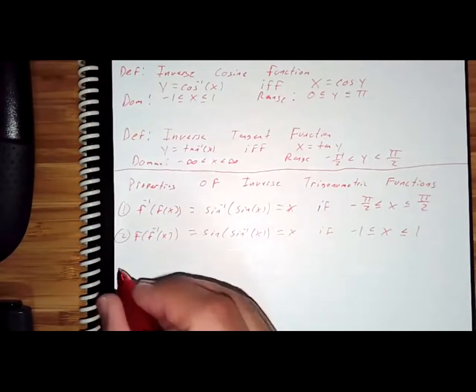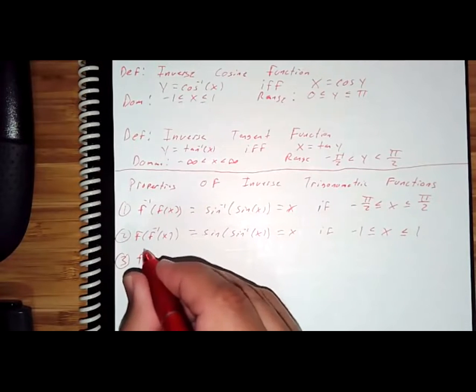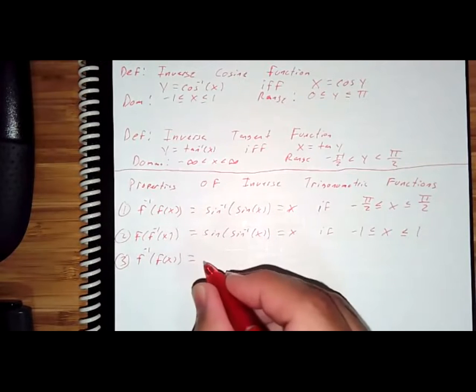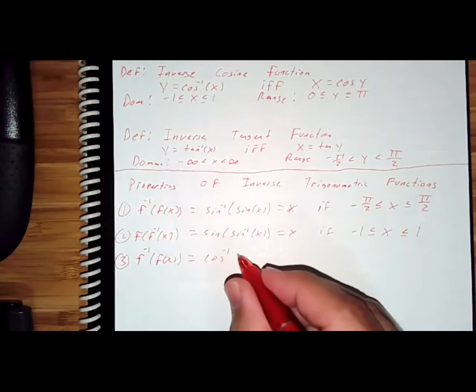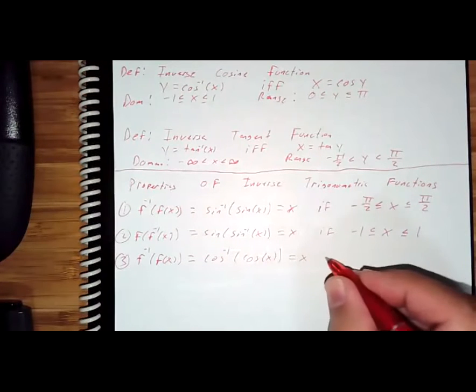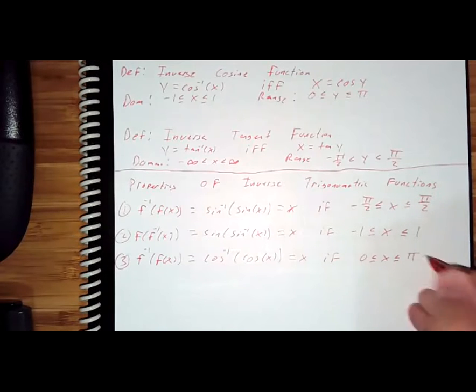Now let's do cosine. f inverse of f is equal to cosine inverse of cosine. So they cancel if x is between 0 to pi.